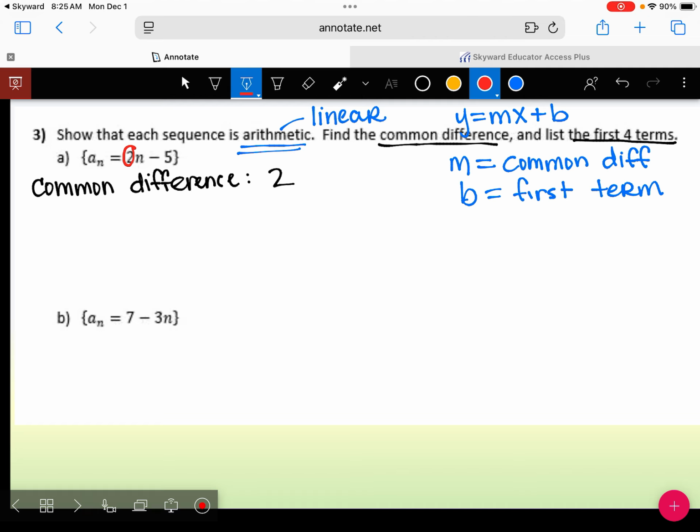Now let's go ahead and list, which means I'm adding 2. So if it's 2, that means that in this sequence, we're adding 2 because it's positive. So the first number in my sequence is negative 5. It only asks for the first 4 numbers. So let's go ahead and do that. I'm going to start off at negative 5 and then keep adding 2 to get the next 3 numbers.